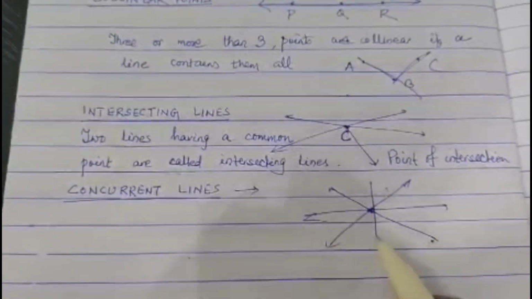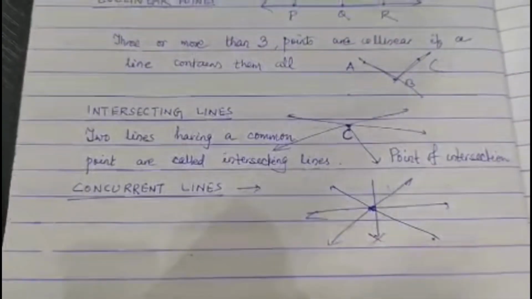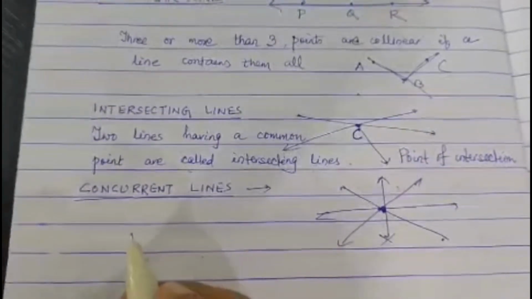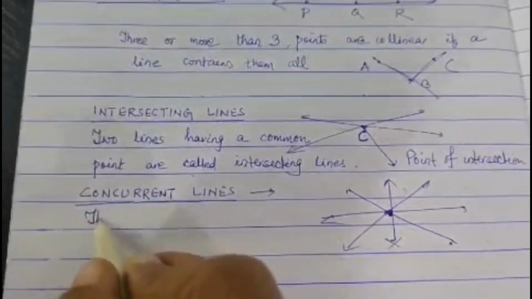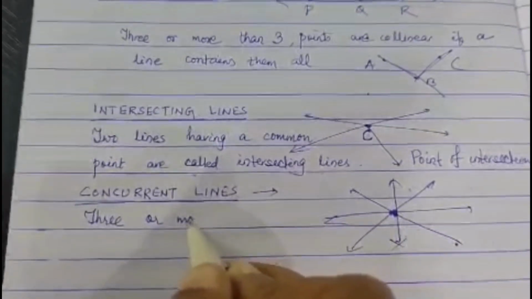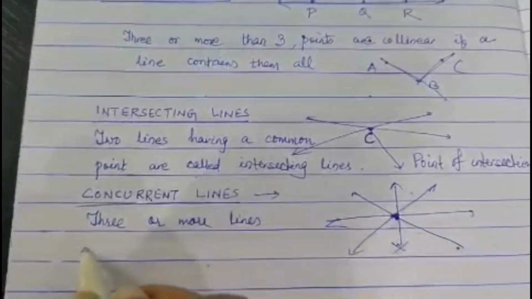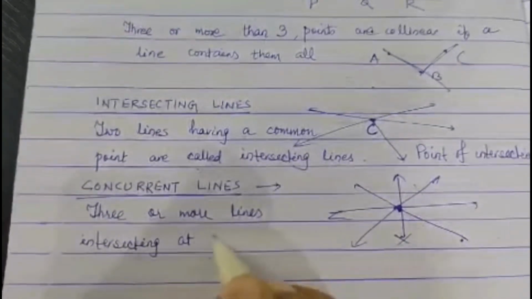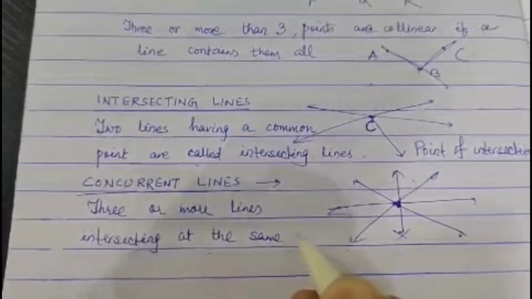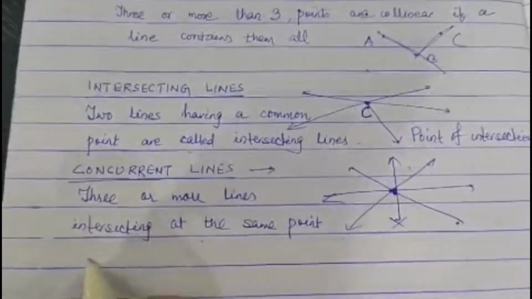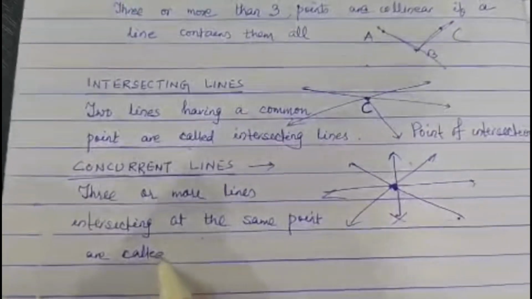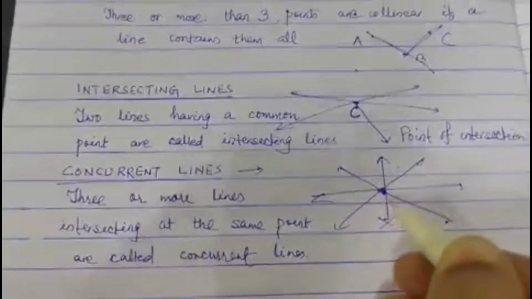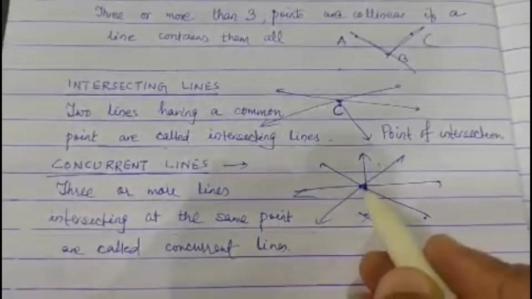If 3 or more than 3 lines are passing through a common point, then these are called concurrent lines. Concurrent lines means they are all meeting at one point.